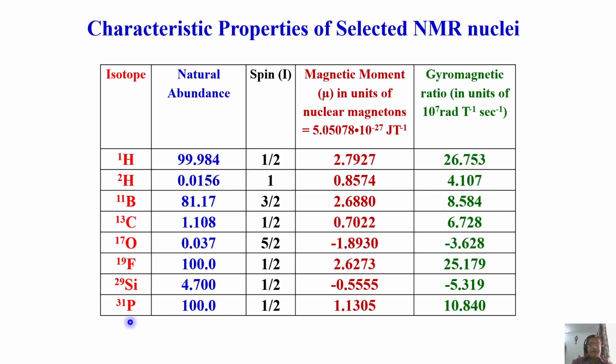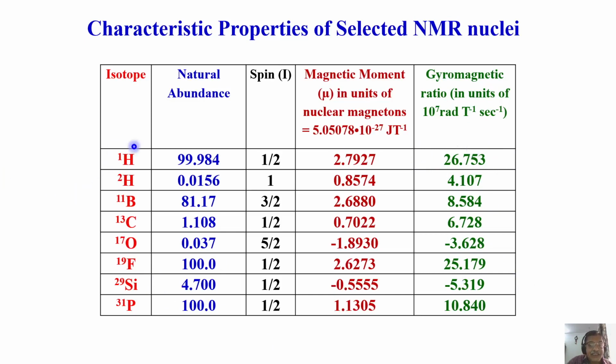Next, an abundant spin which is favorable to study is fluorine. Look at fluorine, 100% abundance, spin half nucleus. And look at the gyromagnetic ratio, almost close to that of proton. And please understand, I'm going to tell you later, this gamma is a very important parameter for defining the sensitivity of the nuclei.